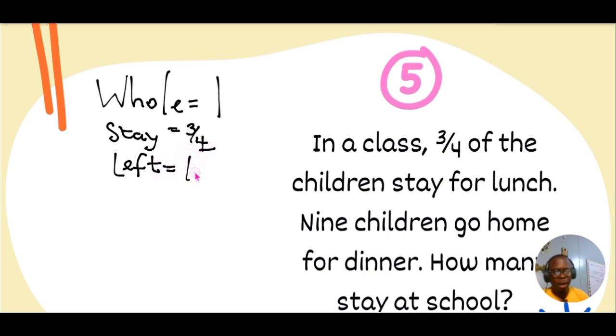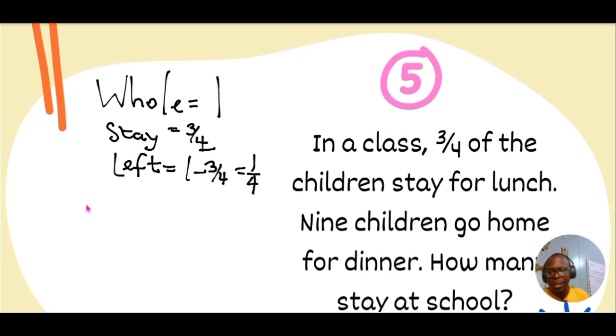So that will be 1 minus 3 over 4. And that will give us 1 over 4. So you see that? So 1 over 4 of them are the ones that went home.